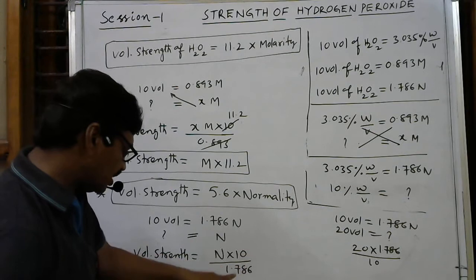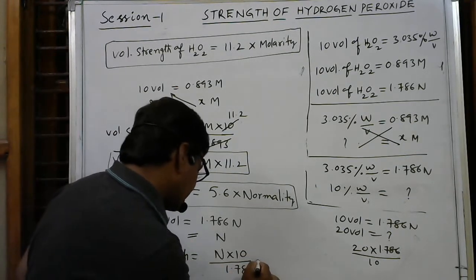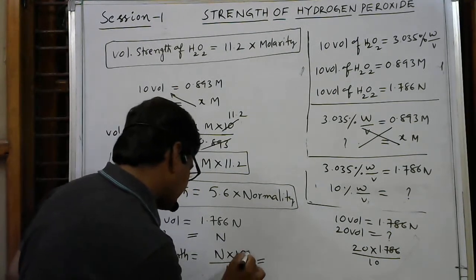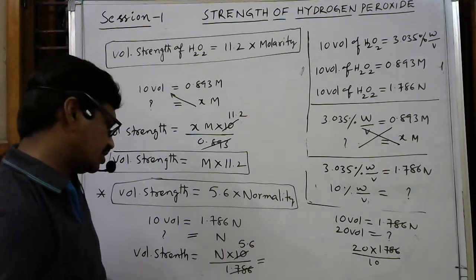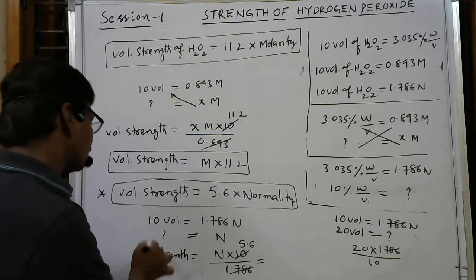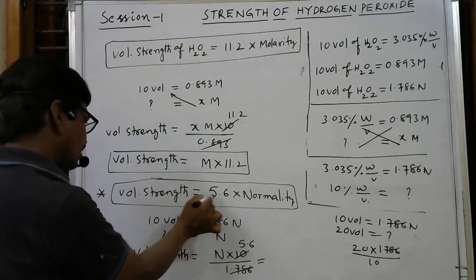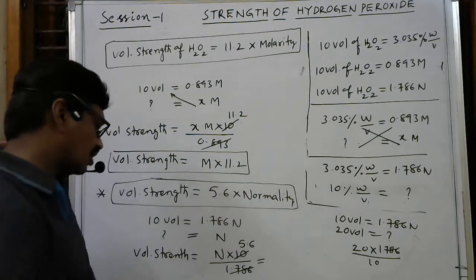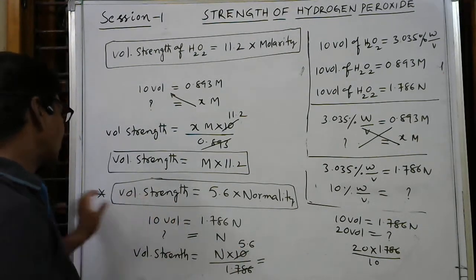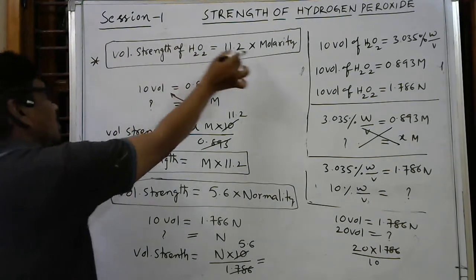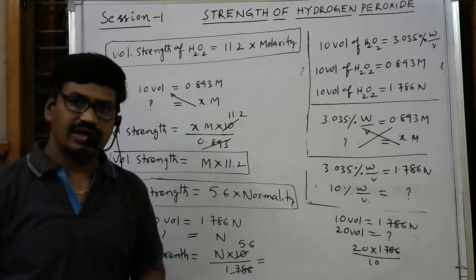So here 10 by 1.786 is nothing but 5.6. So the formula you can write is volume strength equals 5.6 into normality. Like this we have two formulas, with respect to molarity and with respect to normality.